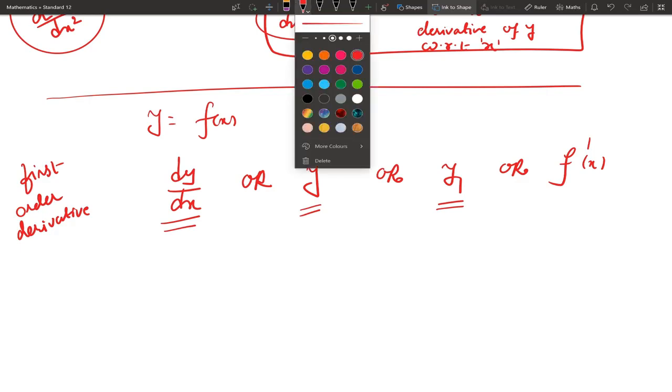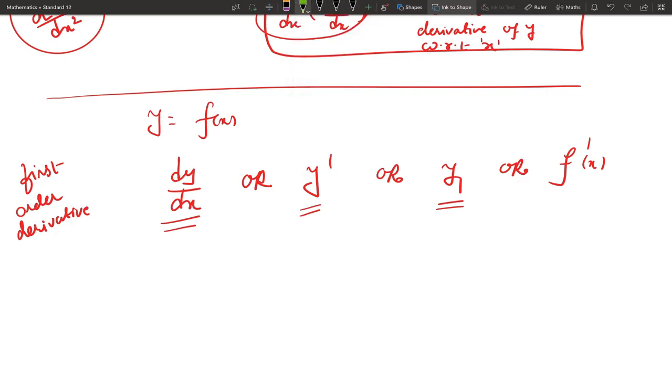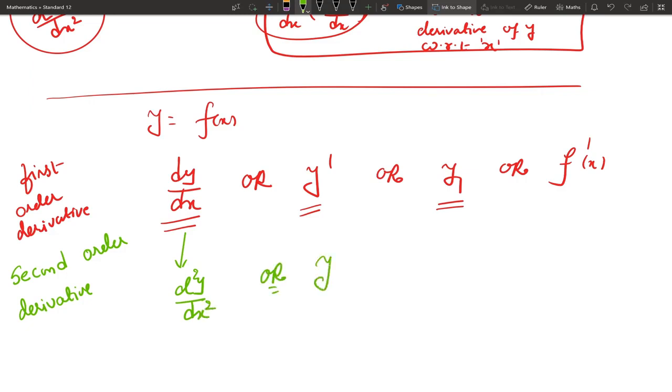Now the second order derivative is denoted by d2y by dx2, or y double dash, or y2. y2 means second derivative of y.